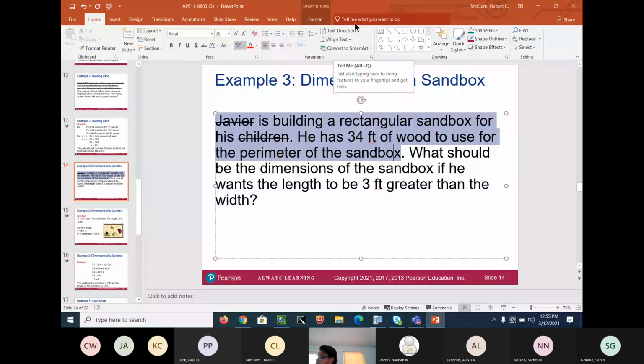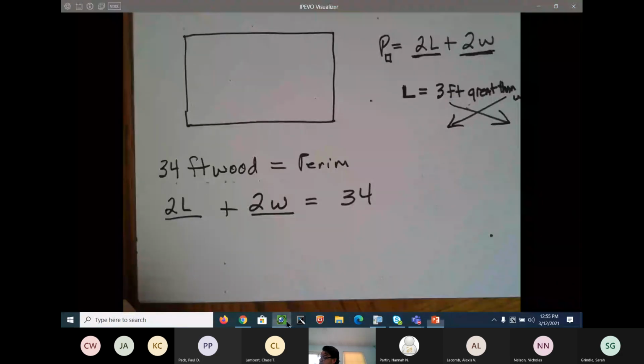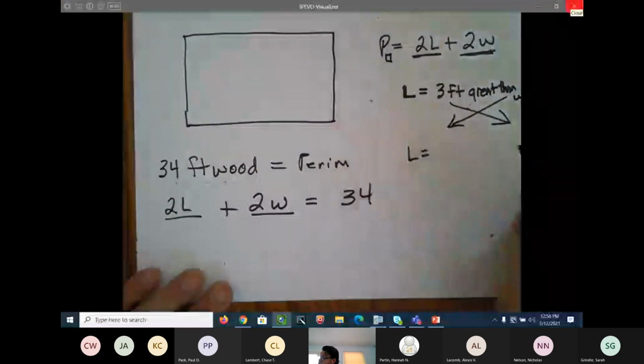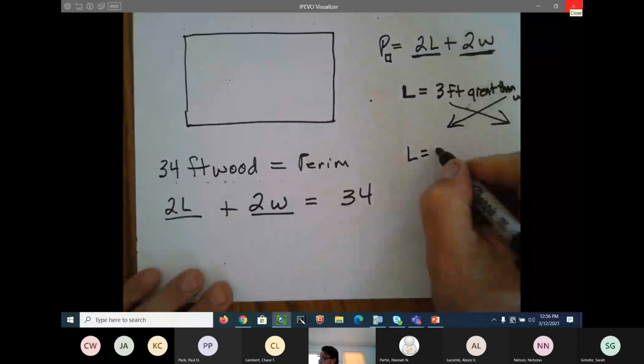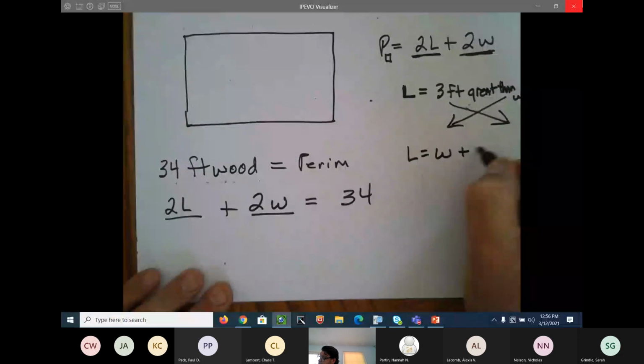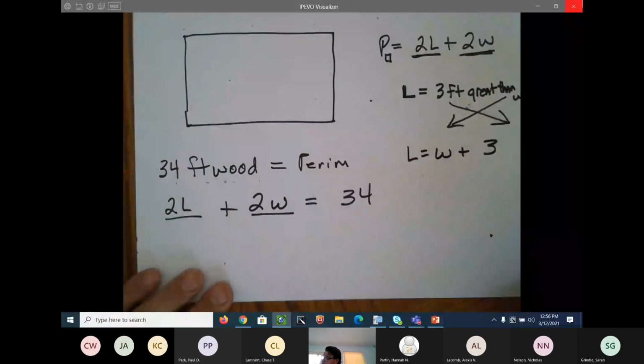When you've got greater than or more than, what do you do? Crisscross. So length is equal to W plus 3. And we're going to plug that in for what? L. Length.